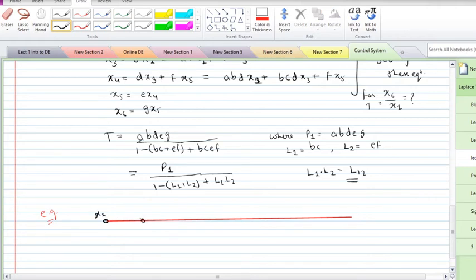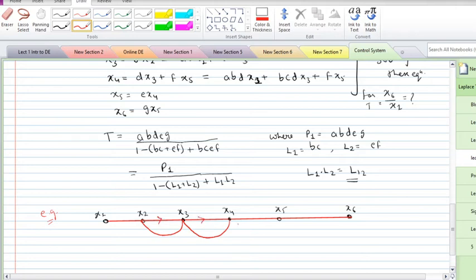We have a node at this position x2, x3, x4, x5 and x6 with some feedback, or forming a loop, at this position and this position.